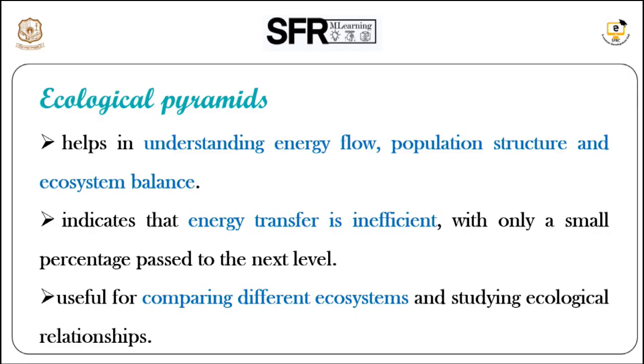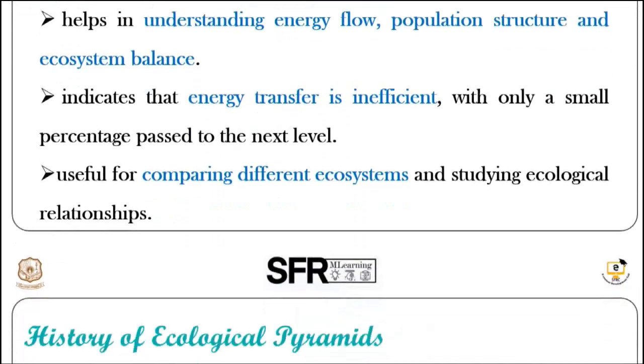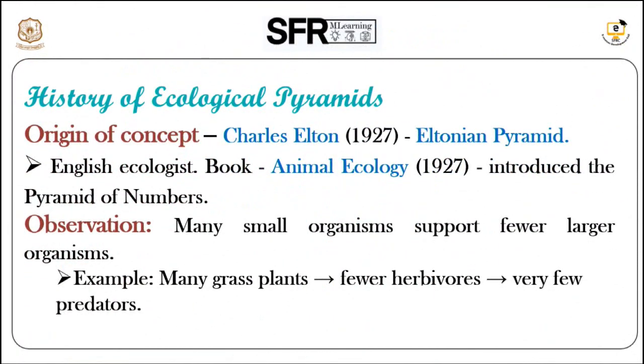So we can identify how much percentage of energy is transferred to the next level. Okay. And this is very important for comparing different ecosystems, so that we can easily study the relationship between the different ecosystems.